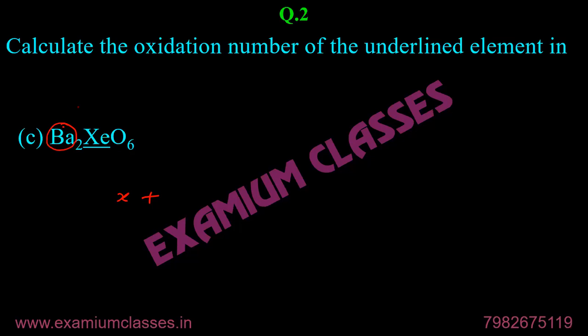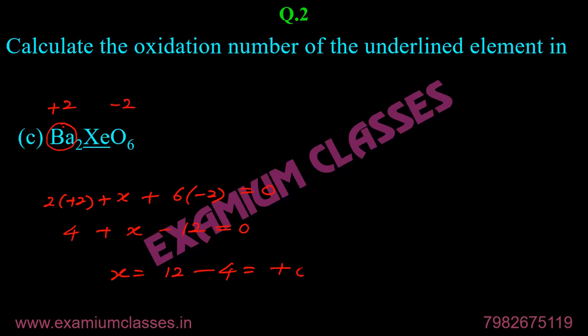Barium is +2, oxygen is -2. So twice of +2 plus X plus 6 times -2 equals 0. There is no charge. So it will be 4 plus X minus 12 equals 0. X equals 12 minus 4, that is +8. Yes, Karan, Tuhina, Devansh, Shivangi, Arohi, correct.